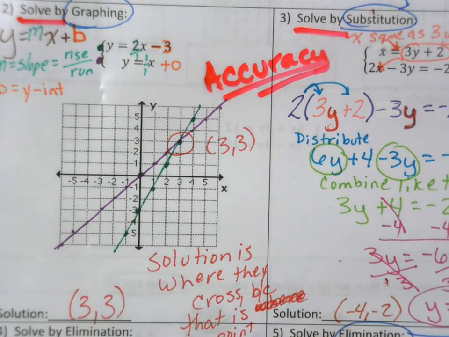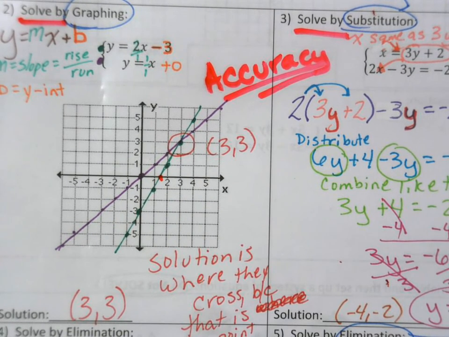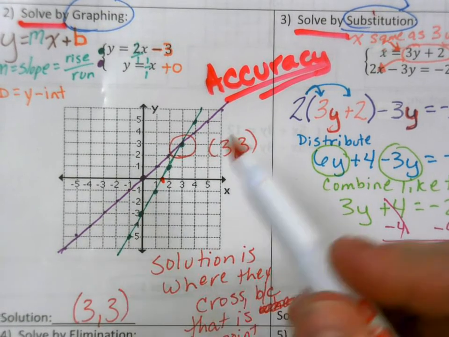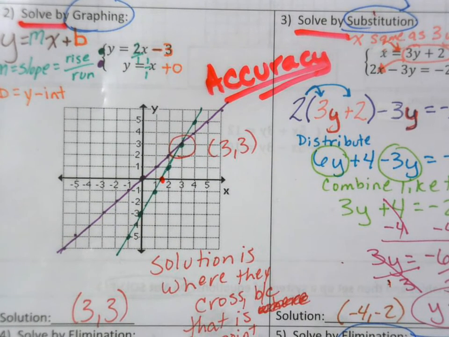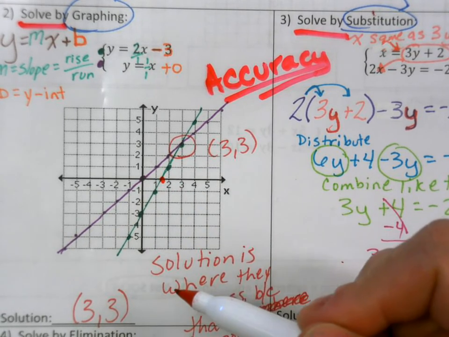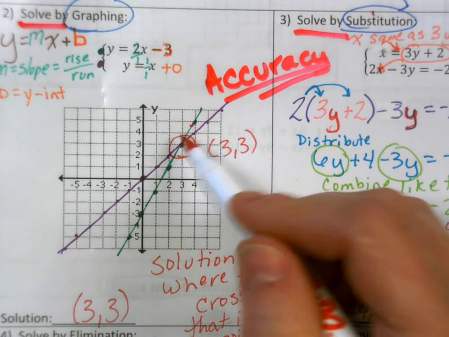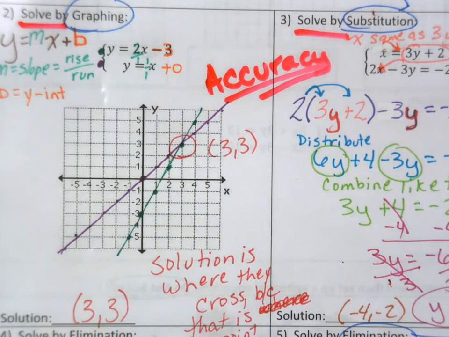Some people graphed really closely, but because they used Desmos or the graphing calculator, they only did the x-intercept right here, and so it didn't actually get them where they needed to be. They were off a little bit somewhere up here, but not at 3, 3.